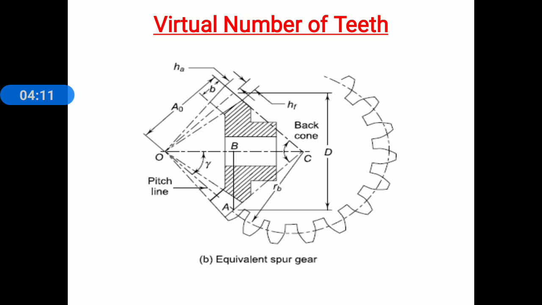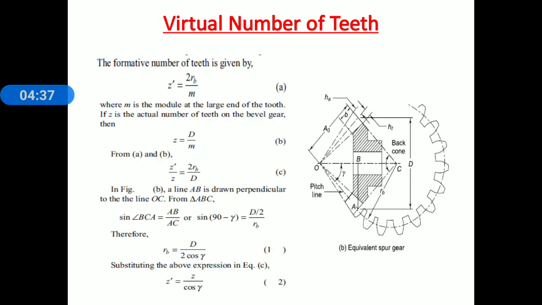Observe that Rb is the pitch circle radius of this imaginary spur gear, and Z dash is the number of teeth on this gear. The gear is called a formative gear, and the number of teeth Z dash on this gear is called the virtual or formative number of teeth.